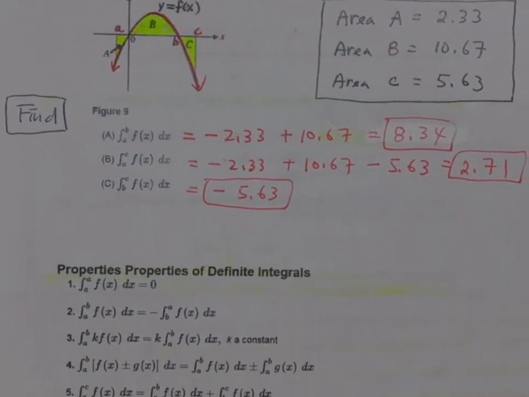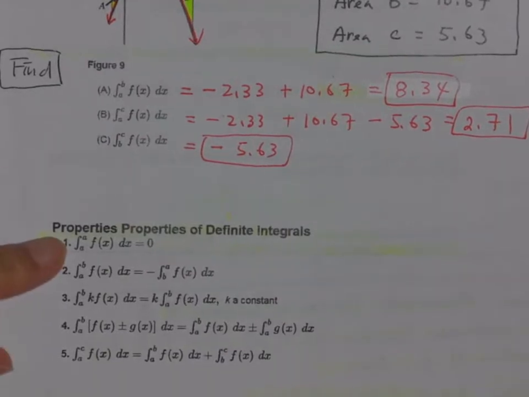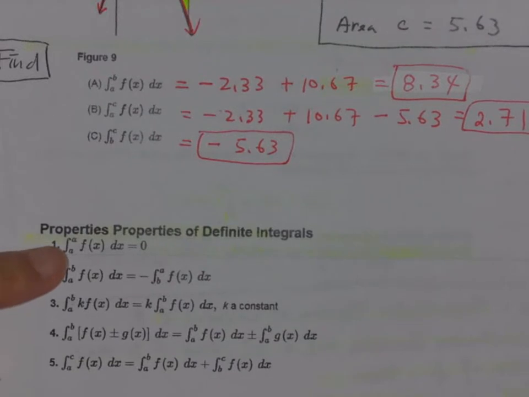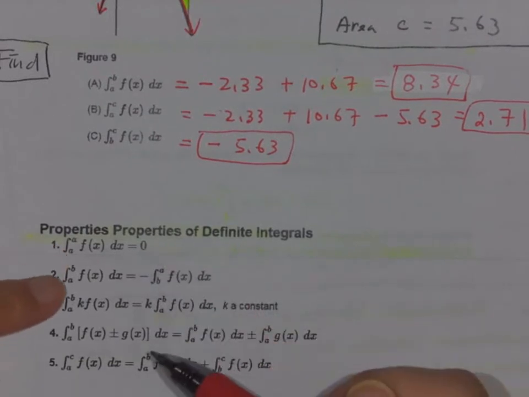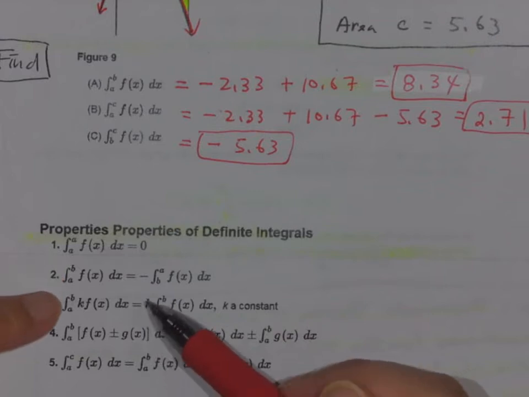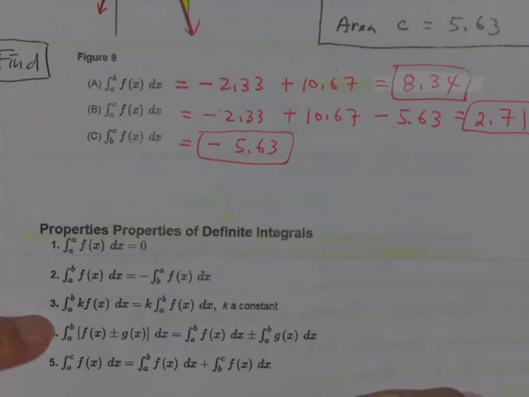The next part has some properties. So let's look at this together. I know it's hard to see, sorry about that. The first one says it's from A to A, so there's no area there, right? So that's going to be 0. From A to B, it's going to be the same as negative from B to A, okay? And the next one, if you have a coefficient, a number here, you can pull that out.